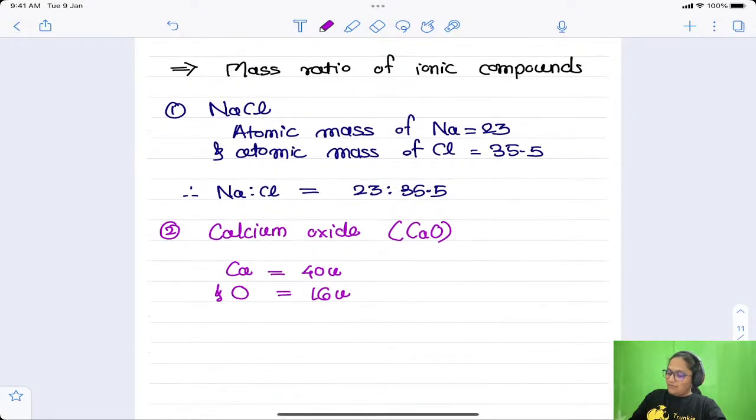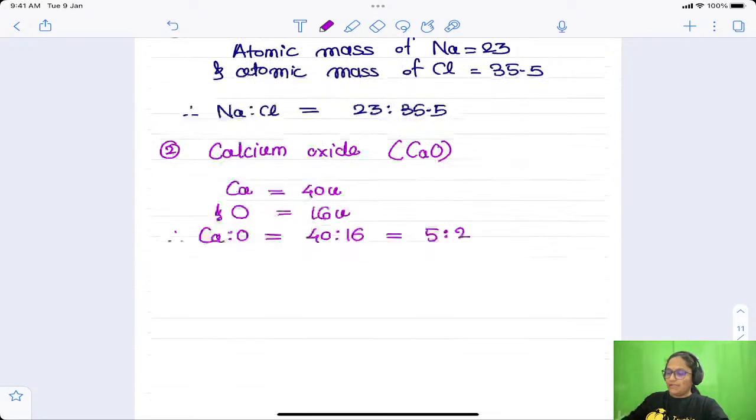Therefore calcium to oxygen ratio will be 40 to 16. If I divide both the numbers by 8, it will be 5 to 2, right?